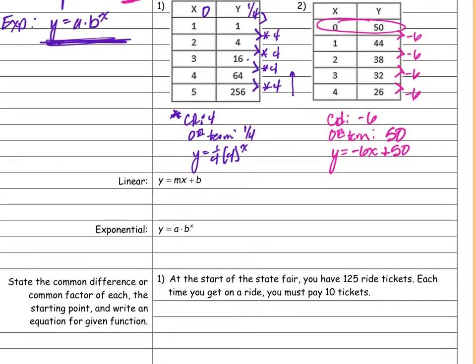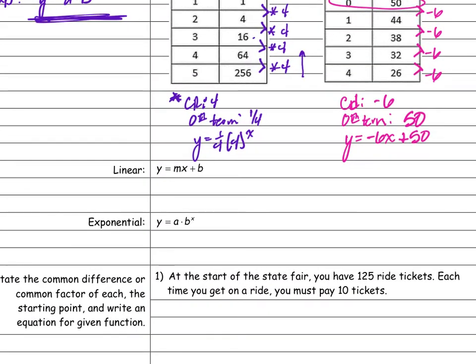Once again, we have the same definition, we have linear, right, and exponential, the same equations that we were given yesterday. This M is my common difference. So if I'm looking at my table or if I look at a story problem, that's going to be my common difference, okay?